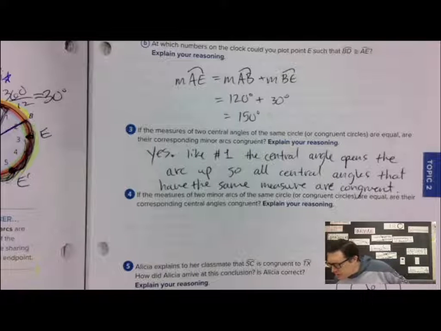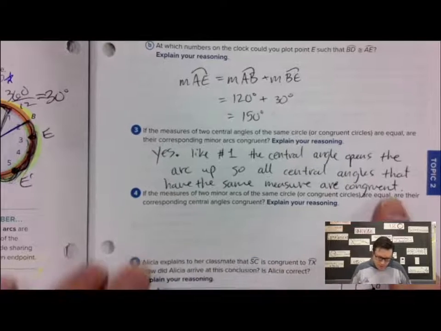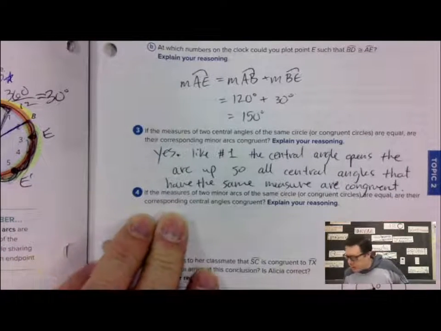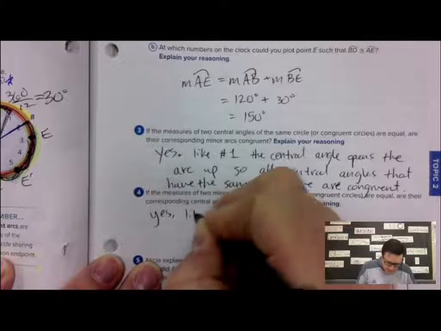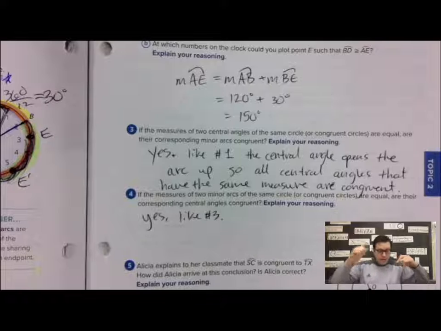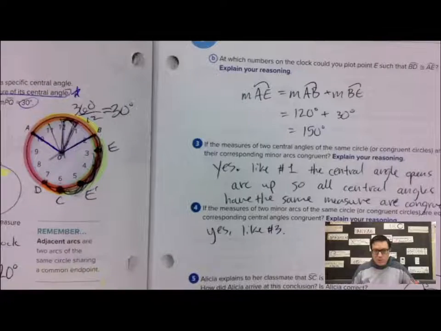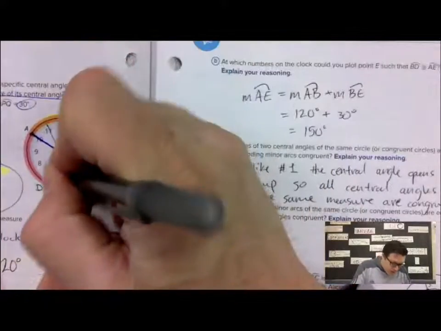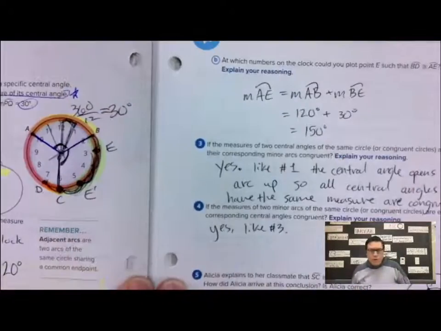If the measures of two minor arcs of the same circle are equal, are the corresponding central angles equal? And yes, for the same reasons. Yes, like number 3. So if you know that from A to B is 120 degrees, this arc is 120 degrees, and B to C is also 120 degrees, well, then the central angles that create them, these right here in the middle, those are matching.